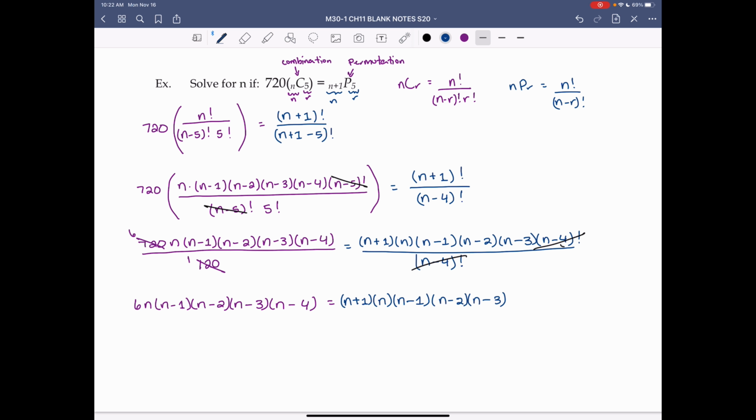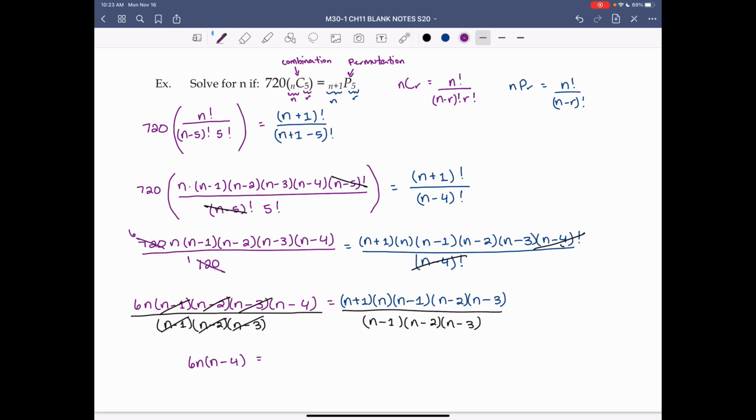So if I divide both sides by n minus 1, n minus 2, n minus 3, then on the left side, n minus 1 divides out, n minus 2 divides out, n minus 3 divides out, and we are left with 6n times n minus 4.